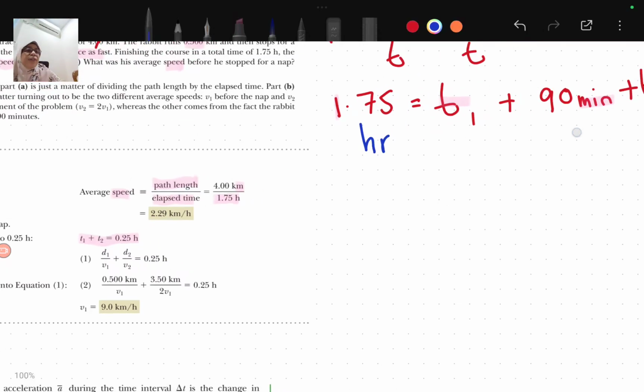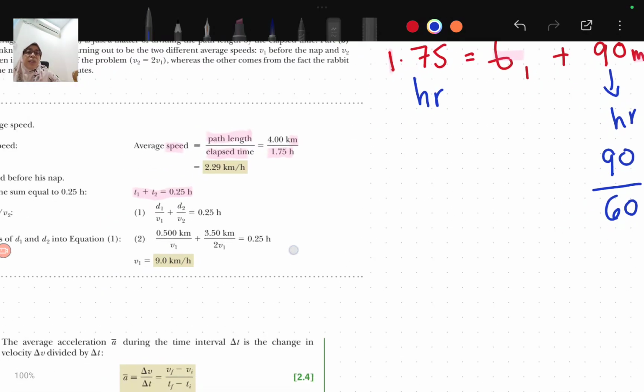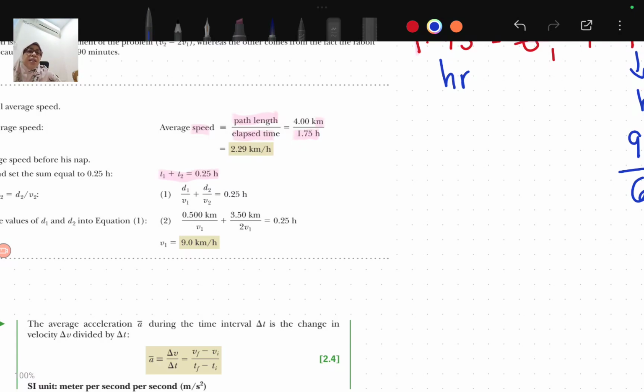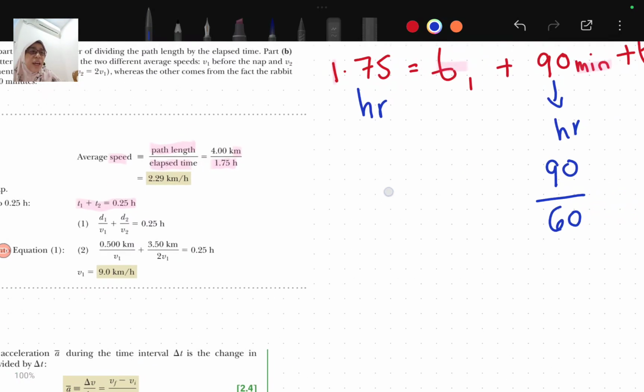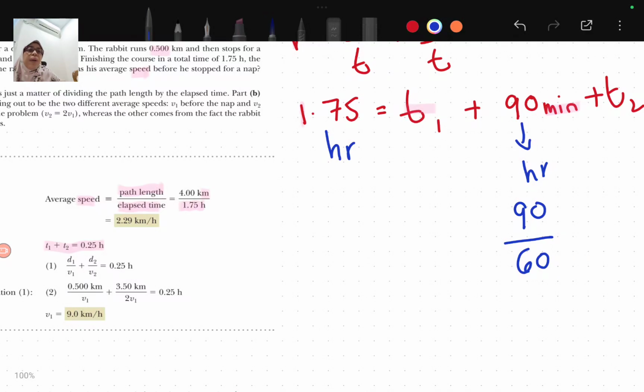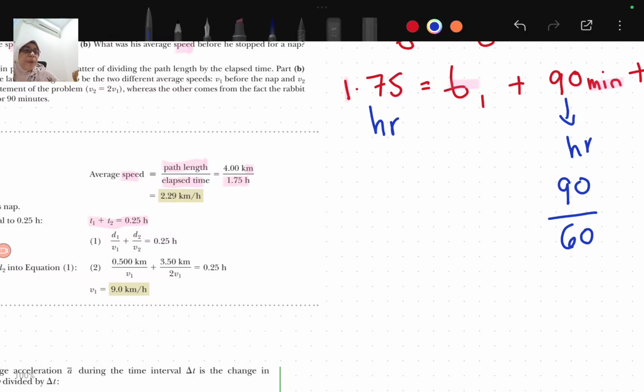You need to convert this into hours. How do you convert it? 90 divided by 60, and then minus the whole thing, you arrive at 0.25. So do this first: 1.75 minus 90 over 60, and you should get the answer for T1 plus T2.